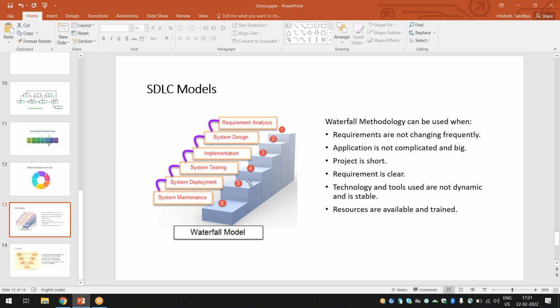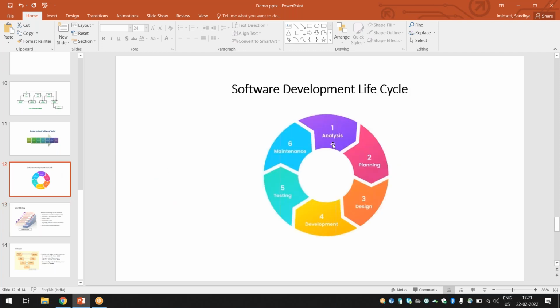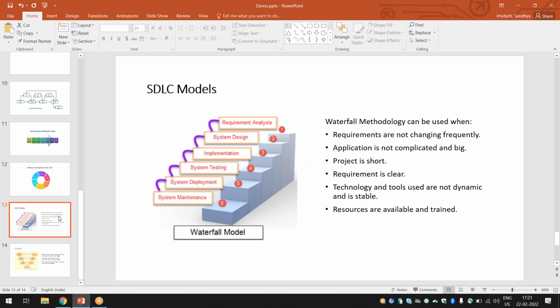So what is the waterfall model here? See, just now we discussed these SDLC activities, right? Here in the waterfall model also, every phase will be done one after the other. After requirement analysis, design will be done. Once the design is completed, code implementation will be done.